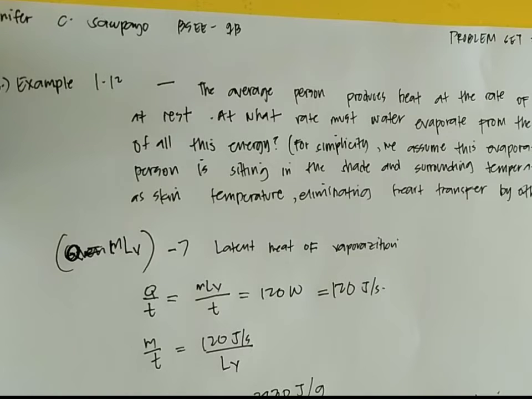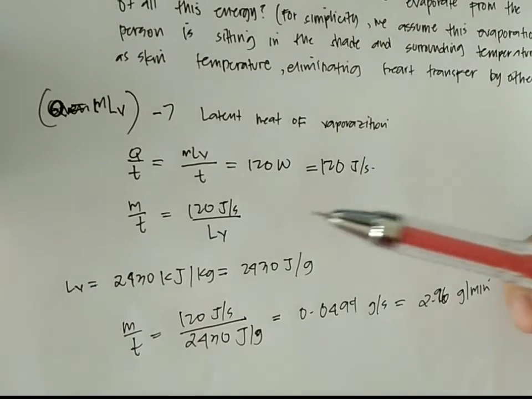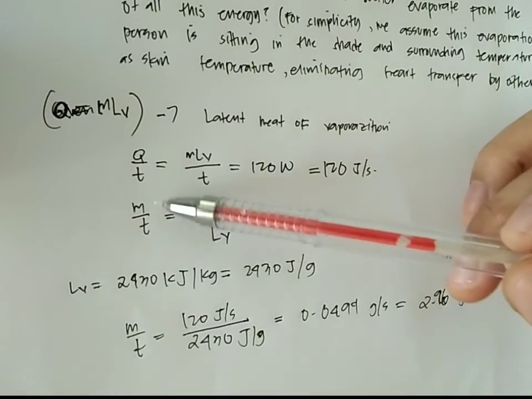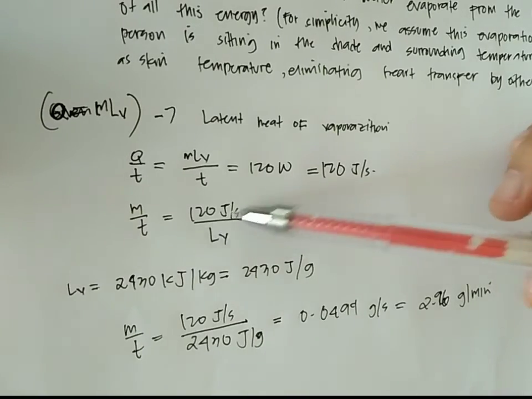So we divide both sides of the equation by LV to find the mass evaporated per unit time. So m over t is equal to 120 joules per second over LV.